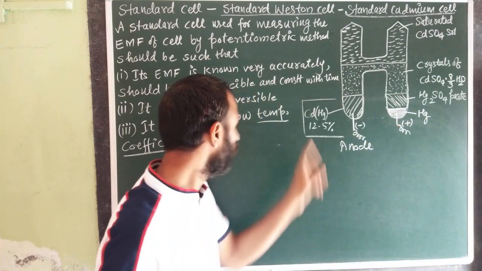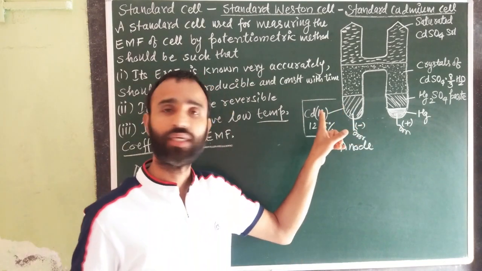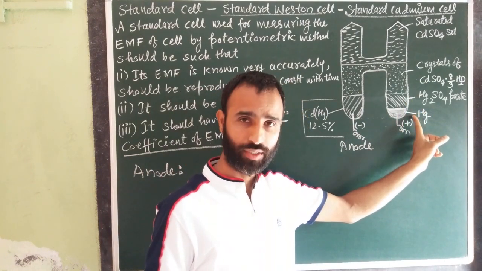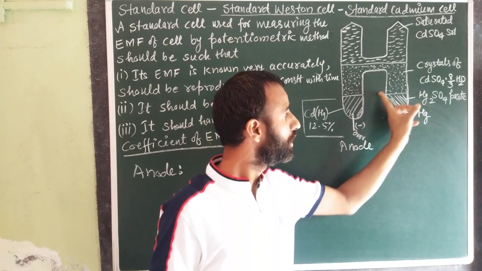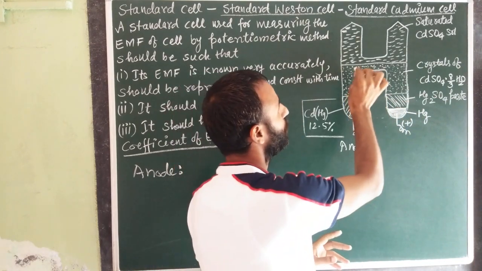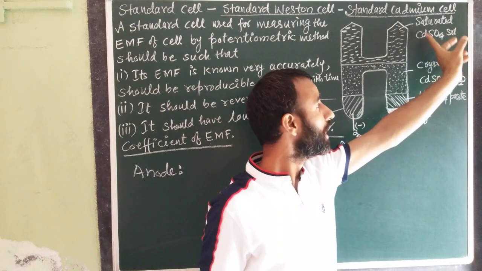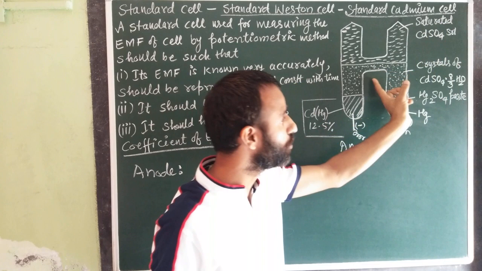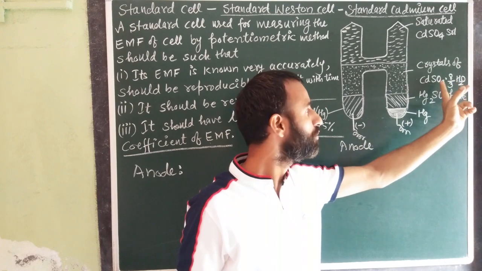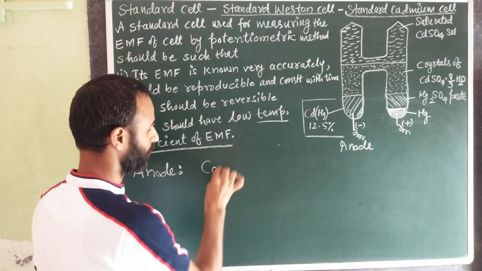So the anode is an amalgam of cadmium, and the cathode is mercury. It is covered with a paste of mercurous sulfate, and above it is the electrolyte, a saturated cadmium sulfate solution, also saturated with crystals of hydrated cadmium sulfate, CdSO4.8/3H2O.